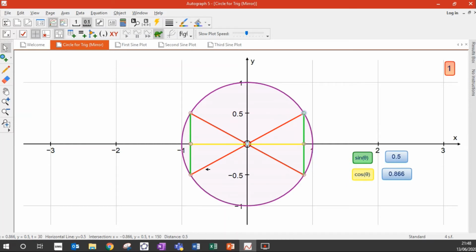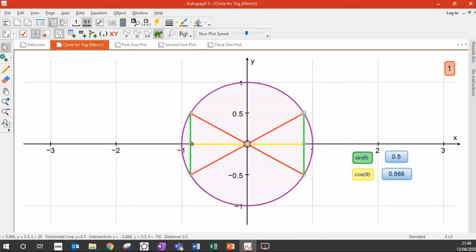Let's have a look at this next one. So again, we've got another red line, we've got the same green line appearing. To get from my starting point all the way around to that red line is 180 plus 30, so 210 degrees, which means that sine of 210 is negative 0.5.